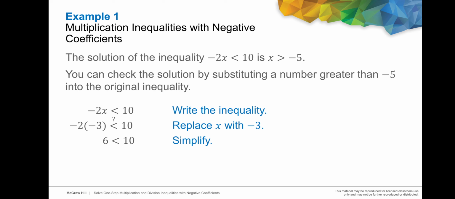We can check the solution by substituting any number that is more than negative 5 into the original inequality and making sure that the inequality is true. Now I will multiply, for example, negative 2 times negative 3. Since negative 3 is greater than negative 5, it will be 6, and 6 is less than 10. So by checking, the answer is correct.